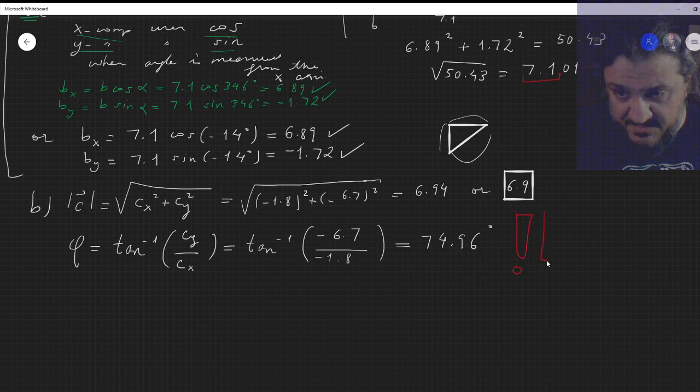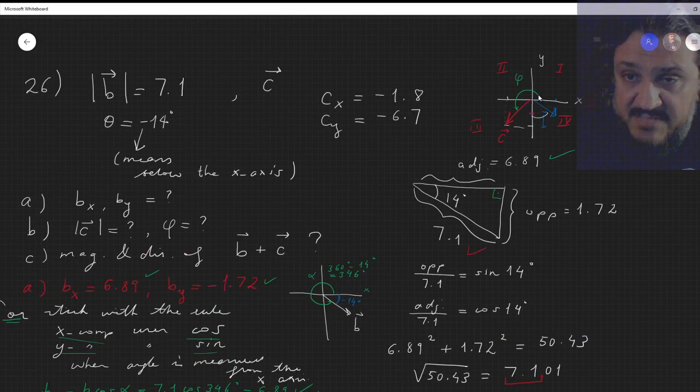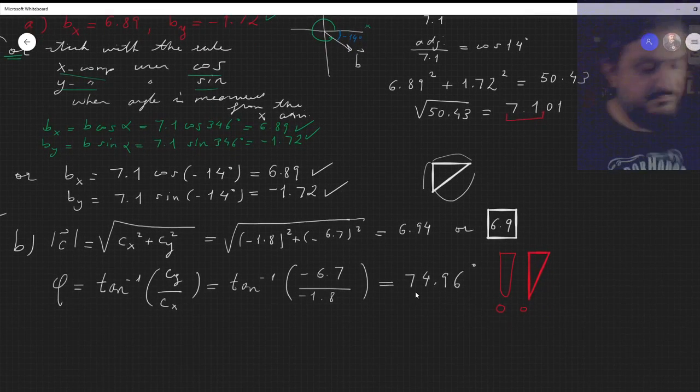Well, what we're looking for was an angle which was greater than 180, but this is what we get from our calculator, 74.96.